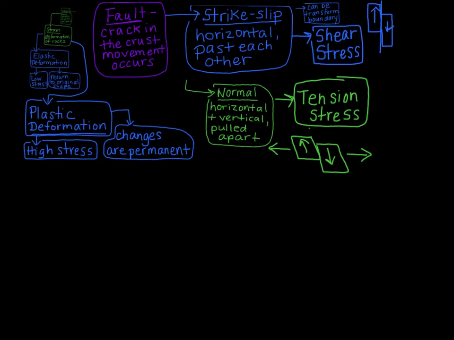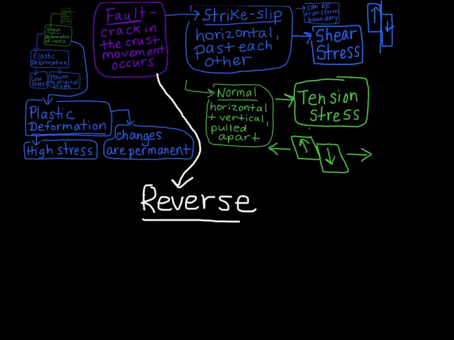The third kind of fault is backwards of a normal fault, and that gives it its name as well. The third kind of fault is called a reverse fault.